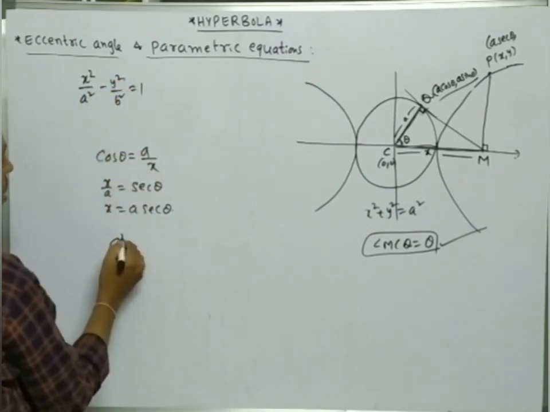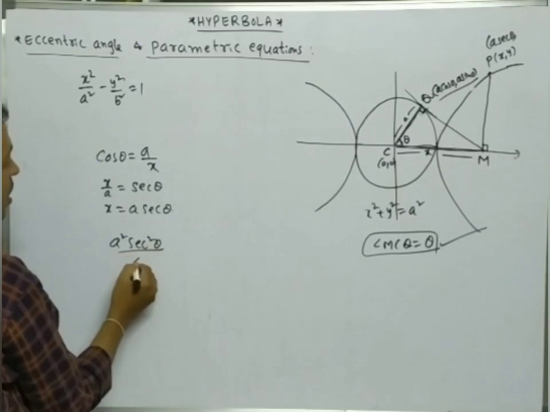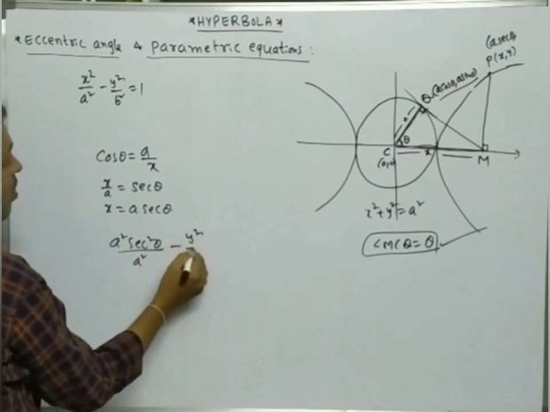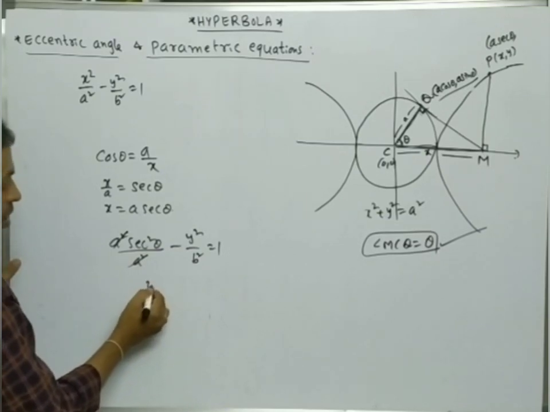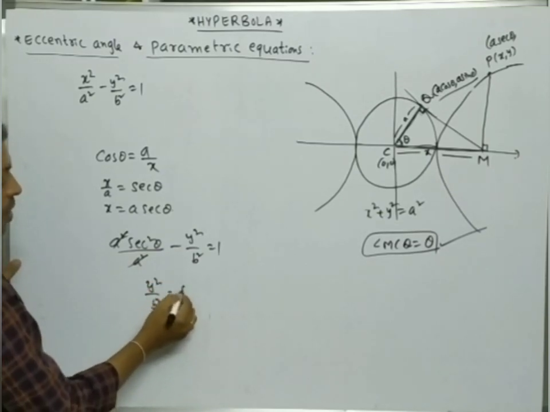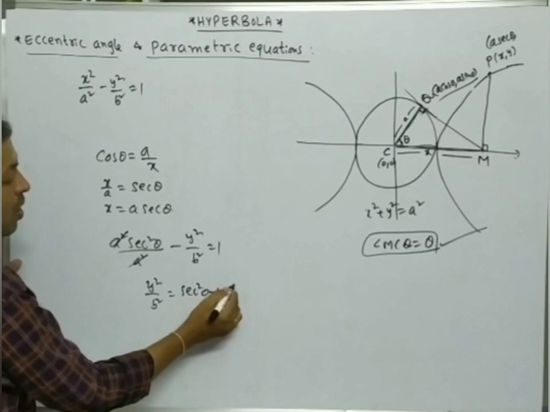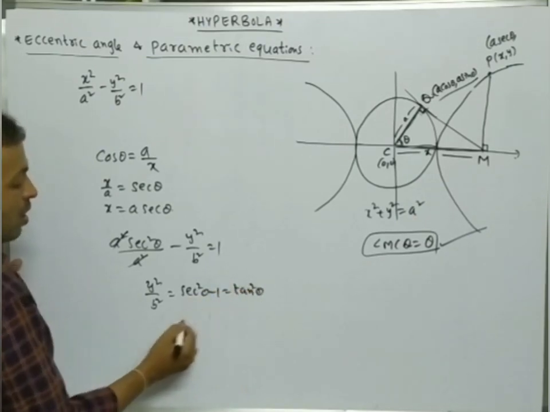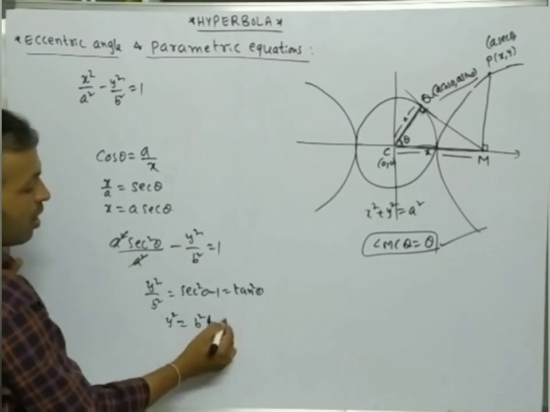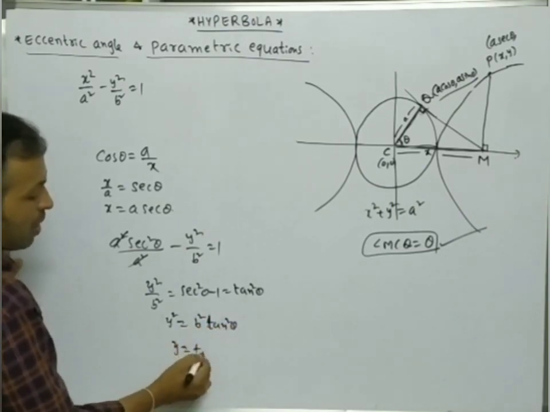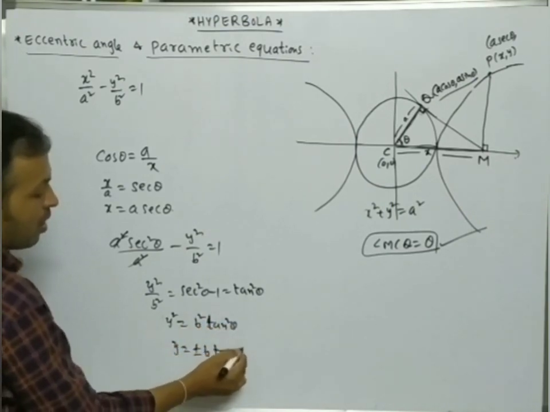So you will get a square sec square theta by a square minus y square by b square is equal to 1. A square cancels. Y square by b square is equal to secant square theta minus 1, which equals tan square theta. So y square is equal to b square tan square theta, then y is equal to plus or minus b tan theta.